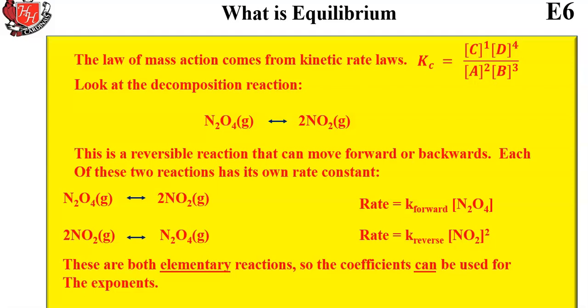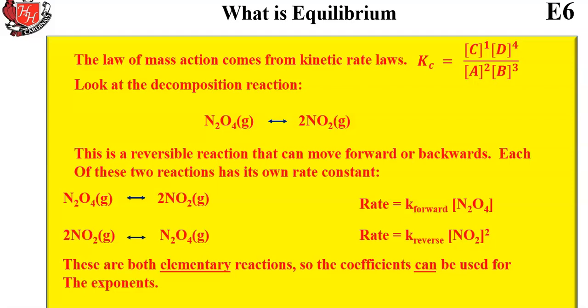So if you wrote the rate law for each of those, you'd have rate equals k forward, the rate constant of the forward reaction, times N2O4, that's the only reactant. For the bottom reaction, it would be rate equals k reverse times NO2 squared. Since it's an elementary reaction, you can use the coefficient as an exponent.